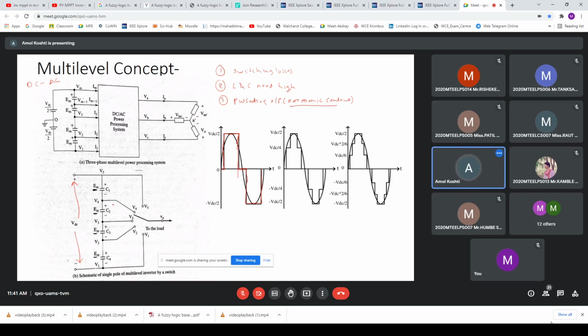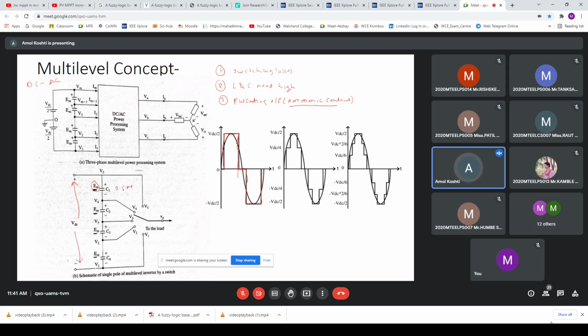But for understanding the concept, multiple capacitors are connected here, and these capacitors have the same values. Suppose this capacitor is 0.5 microfarad, then all capacitors are 0.5 microfarad.